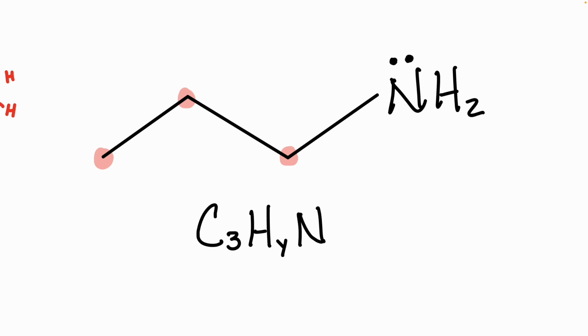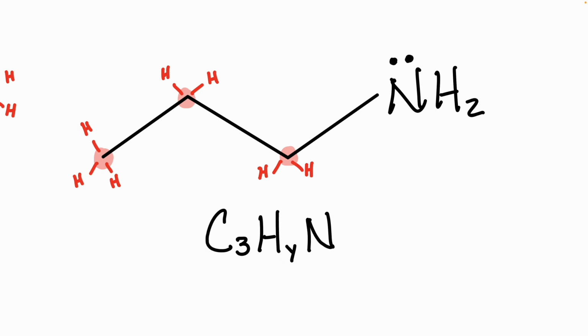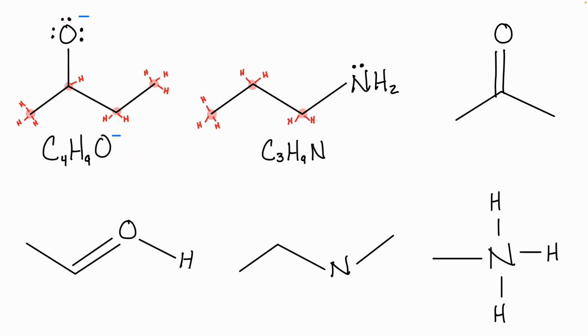When I go and I count my hydrogens, again, I need to fill in for each carbon. 1, 2, 3, 4, 5, 6, 7. And am I missing any? Yeah. All right. Don't forget these that we wrote in here. So 8, 9 hydrogens total.